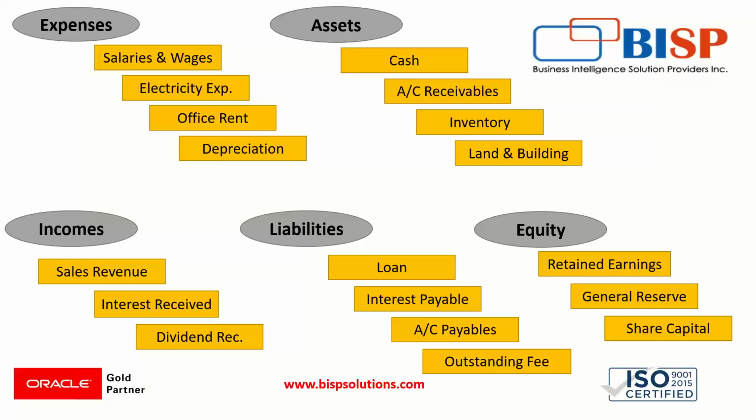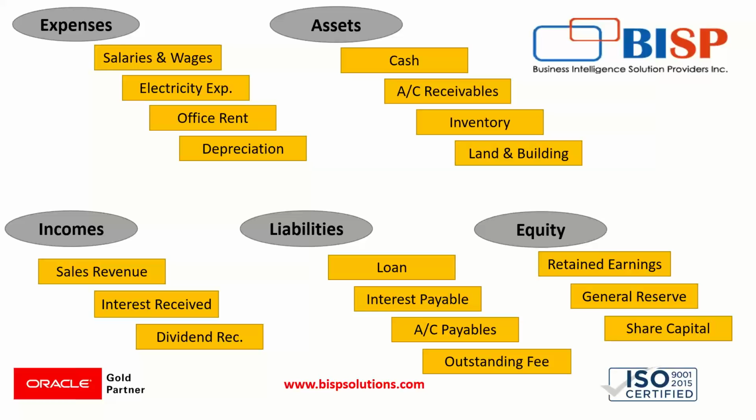Under the asset section of the accounts, we can have cash, accounts receivable, inventory, land and building, with all the current assets and non-current assets, operating assets, furniture, fixtures, and all will come under the asset section. Moving towards the liabilities, we will have loan, interest payable, accounts payable, outstanding fees, and all the liabilities that the company is willing to pay off.